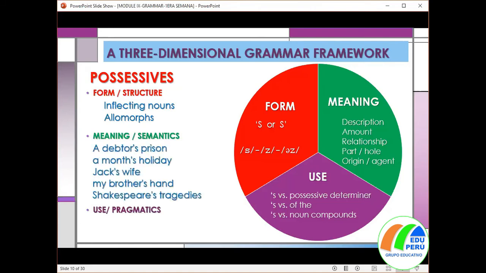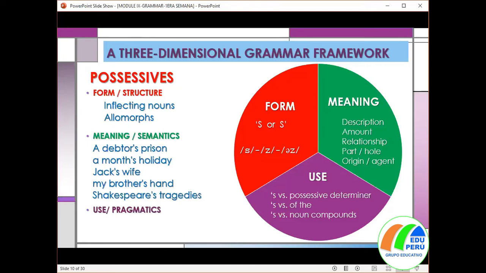Then we have the meaning. Here you have some examples. How can we define this structure? The most common meaning of this apostrophe s is possession, to indicate possession. But you also express a description.